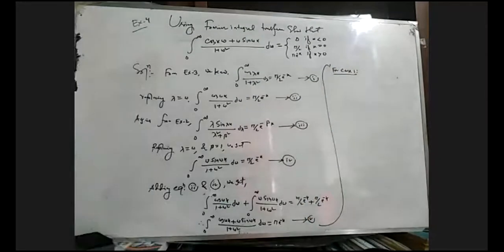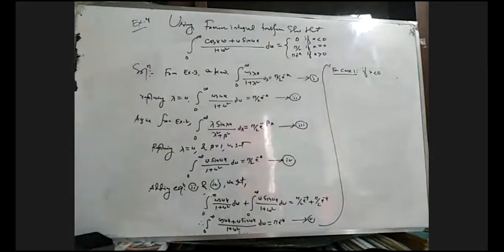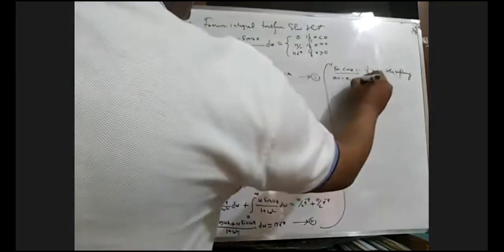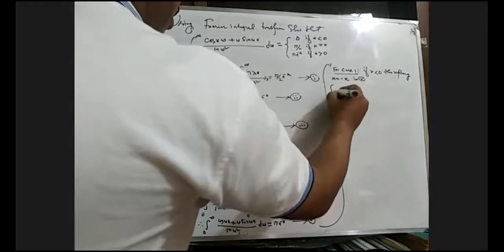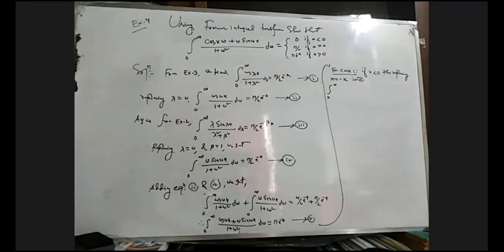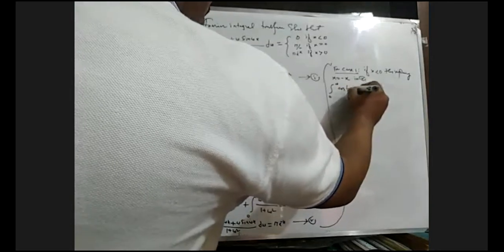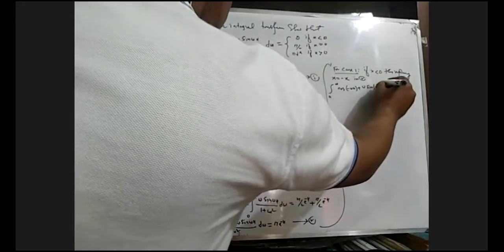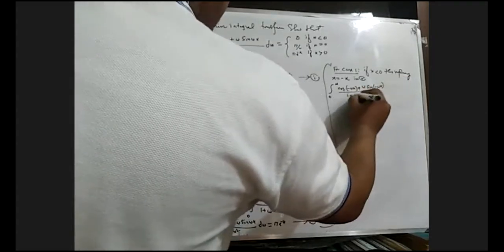For case 1, if x is less than 0, then replacing x with minus x in equation 5, we get the integral from 0 to infinity of (cos minus omega x plus omega sin minus omega x) divided by 1 plus omega square d omega equals what will be?